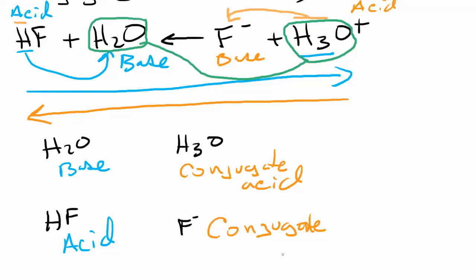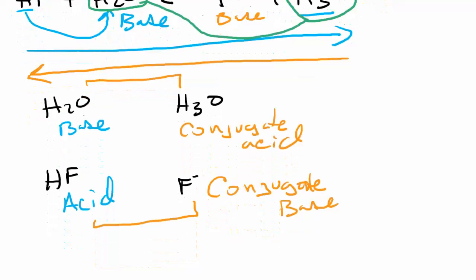And so they form these pairs called a conjugate acid-base pair. The acid has a conjugate base, and the base has a conjugate acid. So what starts out as the acid turns into the conjugate base when it loses its proton, and what starts out as the base turns into a conjugate acid when it gains the proton from the acid. So that's the idea of conjugate acids and bases.